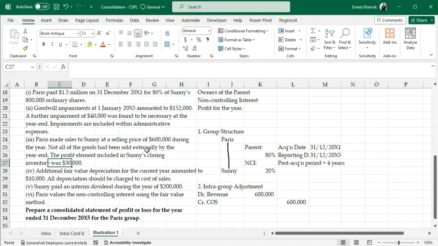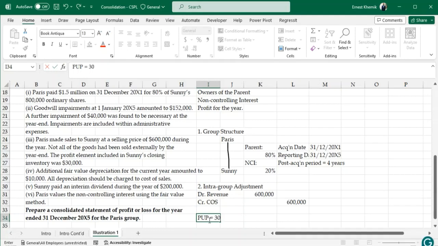So this one, we are even lucky that they've given us the profit element directly. Sometimes they'll give it to you as a margin or as a markup, and you have to apply that percentage to the value of the inventory that has been left in the stores at the year end. So we've been given our provision for unrealized profit to be equal to 30,000.